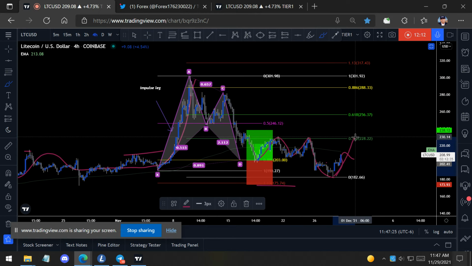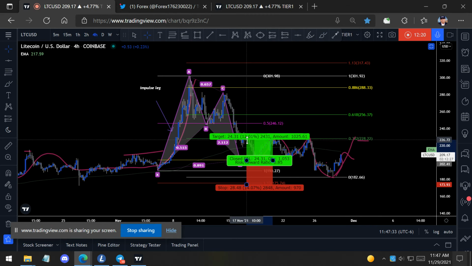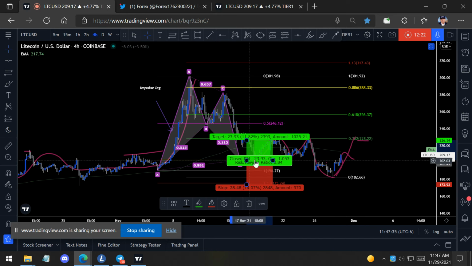So the new 38.2 would be right here. You can see how it cut down their risk to reward. So now they're getting a 0.84 because price moved down. They started out with a 1 to 1, but now it's no longer that.